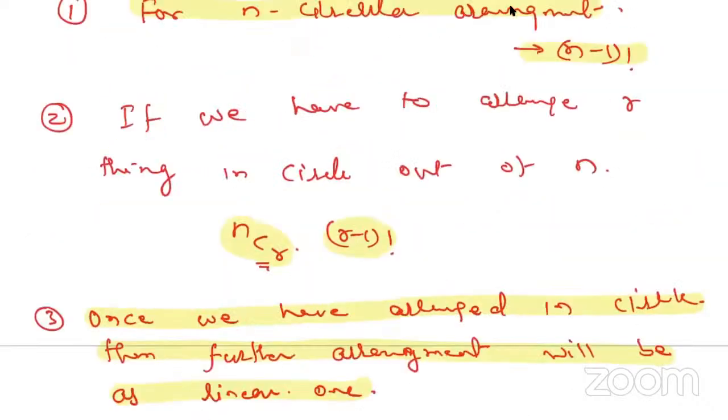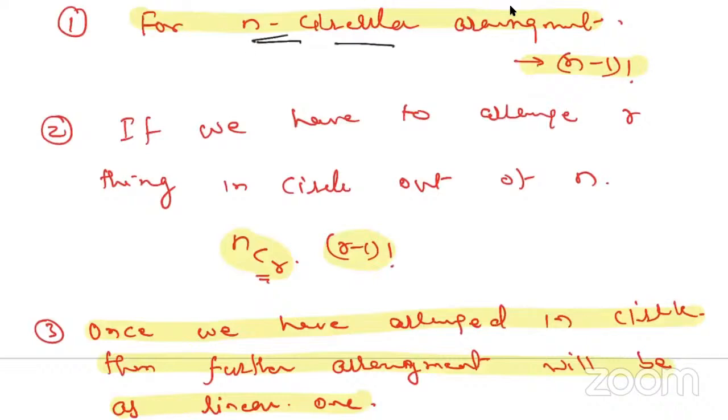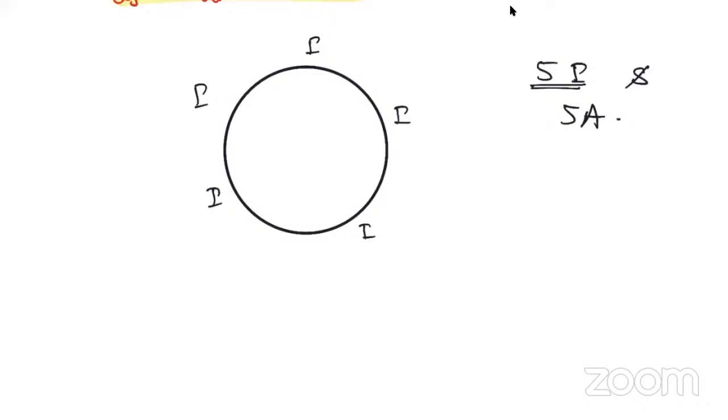Like if I'm giving you one circular arrangement of 5 Indians and 5 Americans, in such a way that Indians and Americans are sitting side by side, alternately. First, when Indians have to sit in a circular arrangement, by the formula for n circular arrangement, they will arrange themselves in 5 minus 1, means factorial 4, ways.